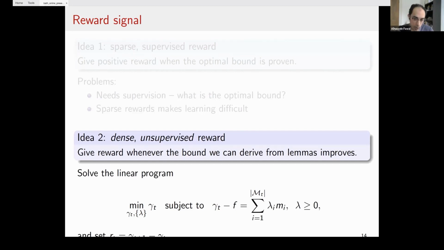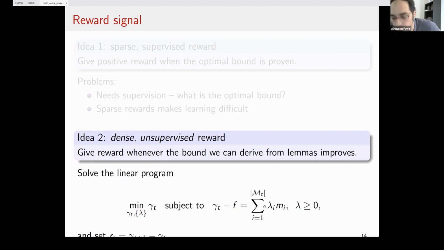We give a reward at each step, and the reward is how much your bound improves. You choose an action, and then you compute how much your bound improves versus what you had before choosing this action, and take the difference between the two. In more detail, remember that f was the sum of xi's in this largest stable set problem. We want to find the smallest upper bound on this f, subject to gamma t minus f being non-negative.